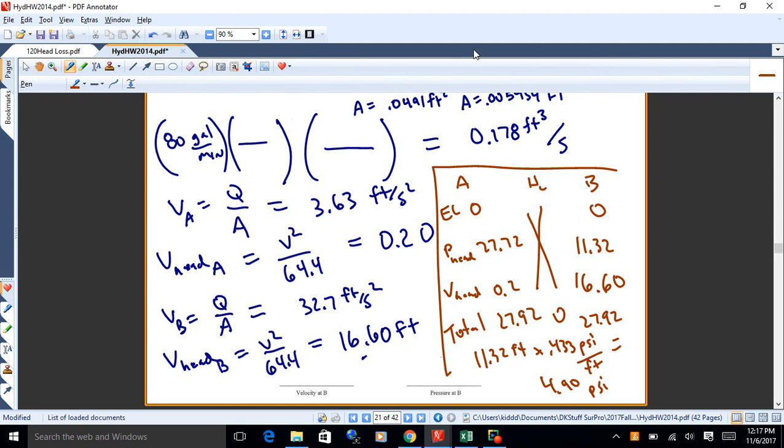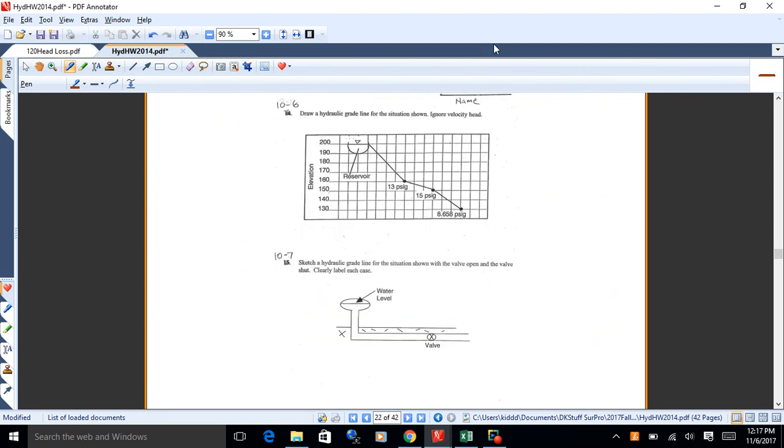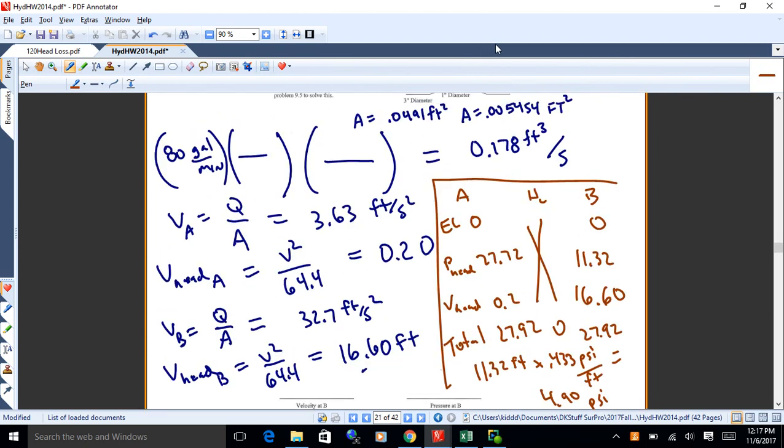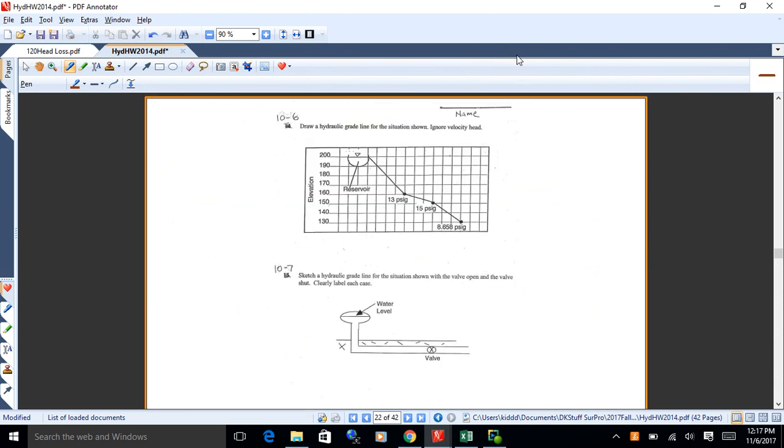All right, and then the last two are hydraulic grade line problems. So what you're going to do, you're just going to take the pressures and convert them into feet of elevation.